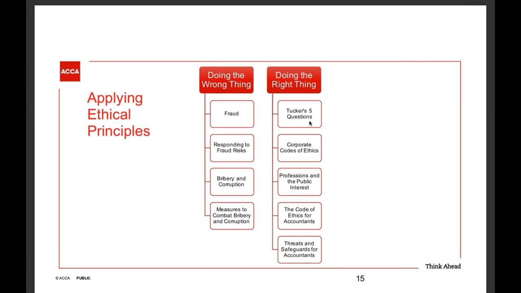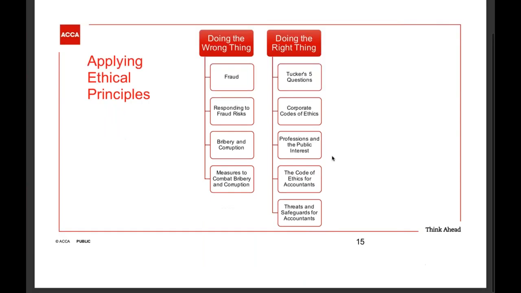Tucker's 5-question model can help you do that, but it will not necessarily be the only mechanism that you can use. If you read further in strategic management books, there are many other mechanisms to help you make good decisions, not just good ethical decision making. So Tucker's is one of those that can help you with that.